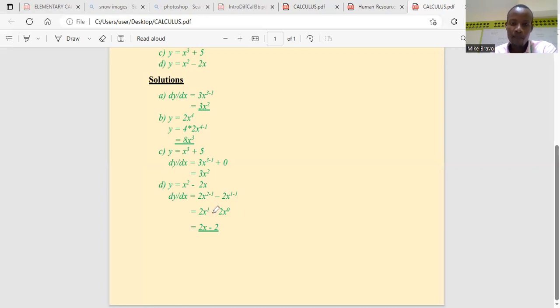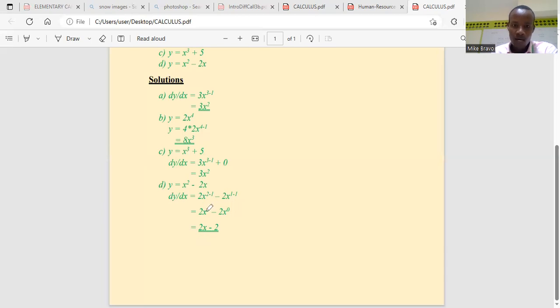This is 1 here. Minus this side, 2x, 1 minus 1 is 0. And any number power 0 is 1. So this is just like 2 times 1, which is 2 down here. So finally, we will have our derivative as 2x.